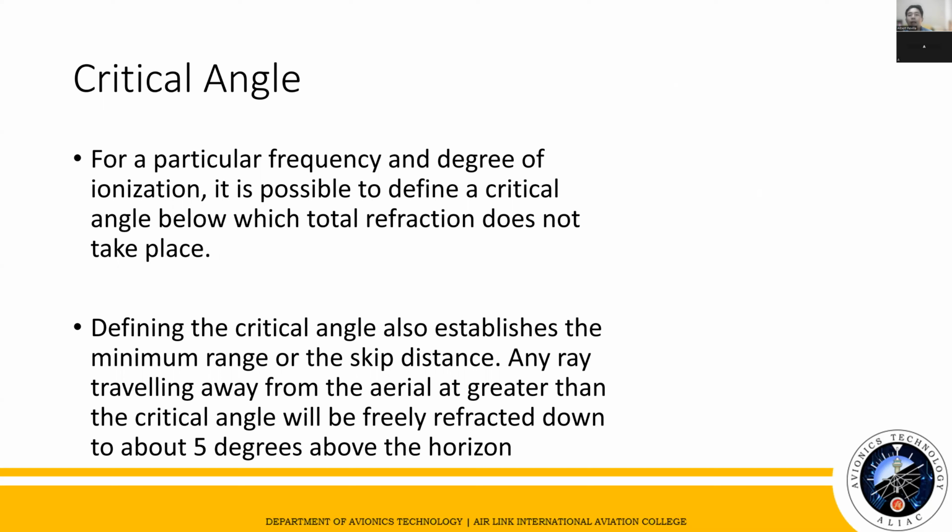So, pag critical angle, waves that enter at too steep of an angle pass through the layer. As the angle shallows, the refraction increases until an angle is reached where the wave is refracted back to the earth. We call this the critical angle.